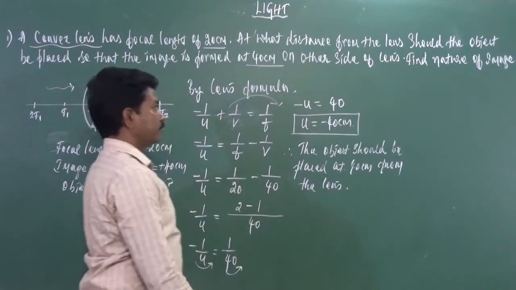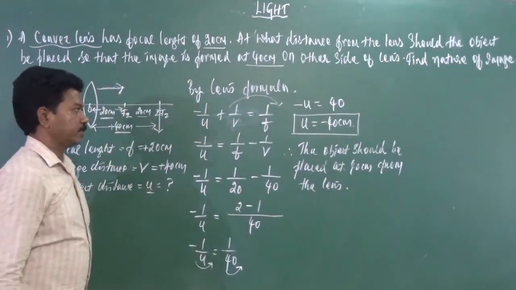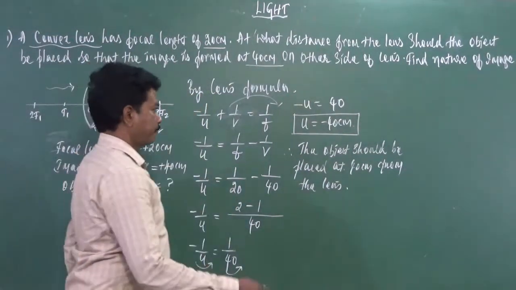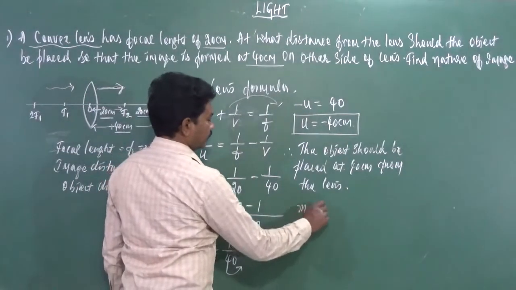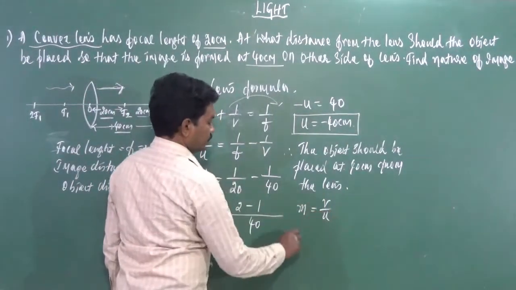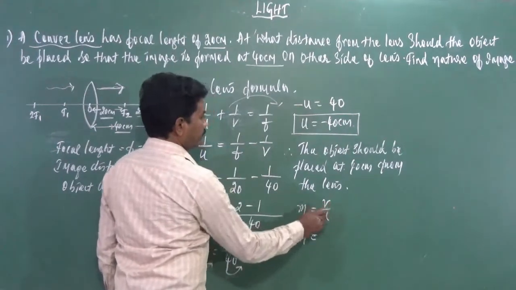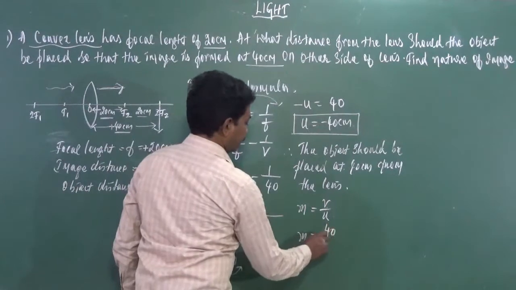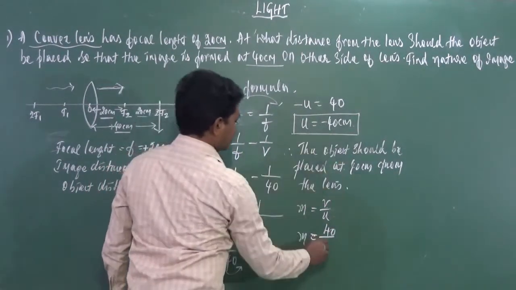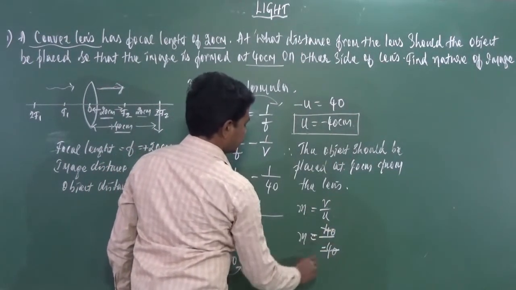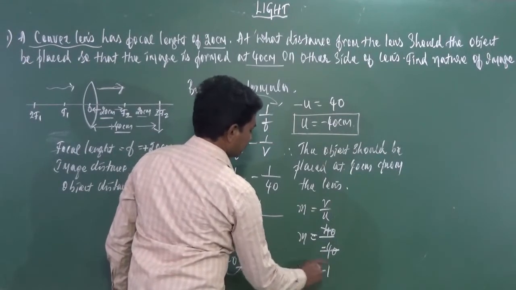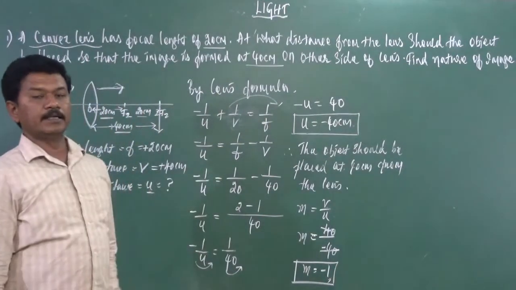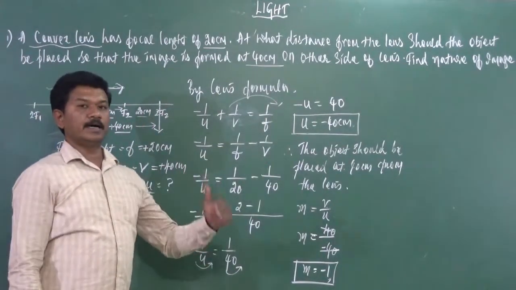Placed at 40 centimeters from the lens. Right. So now we have to write the nature of the image. In order to write the nature of the image, you can take the help of magnification of the image, that is, m is equal to v by u. So m is equal to the v value we have got here, that is 40, by the u value, which is minus 40. As it gets cancelled, m is equal to minus 1. So the negative value of magnification indicates that the image is real and inverted.